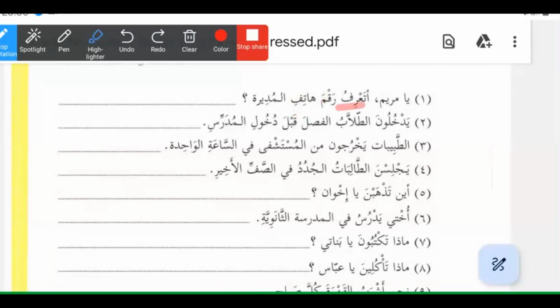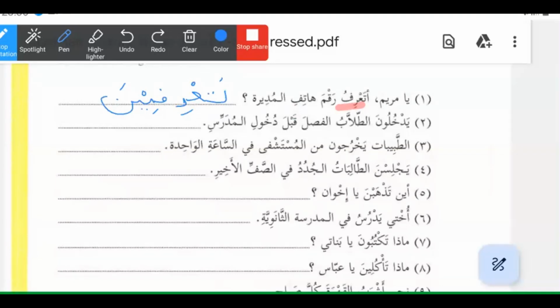Why? Because تعرف comes for a singular male. For a female it comes تعرفين. So the correct will be أتعرفين. Do you know the number of the مديرة?